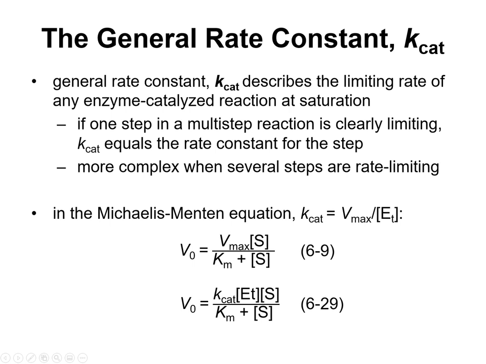If we know that Kcat is the rate under saturation conditions, well, we just said that Vmax is equal to our K, it was K2 before, times the enzyme total concentration. But if this is the rate limiting step, then we can actually call that Kcat.